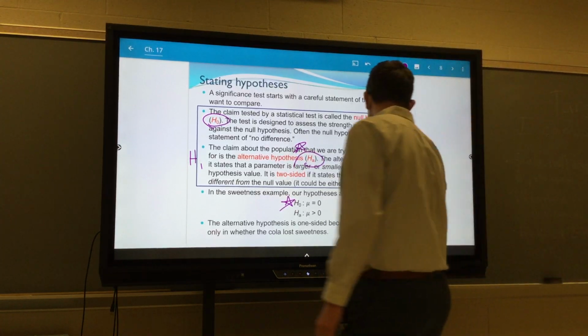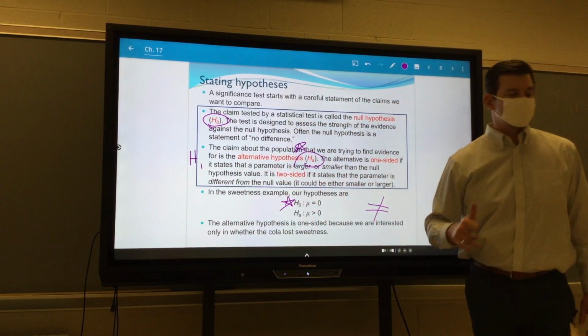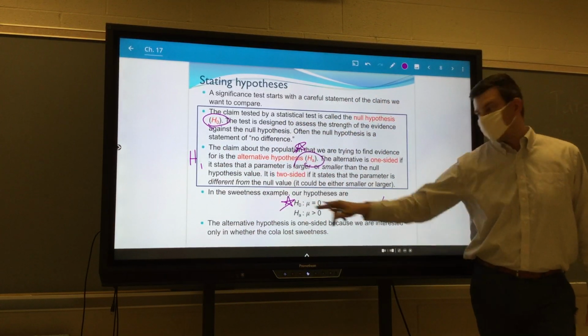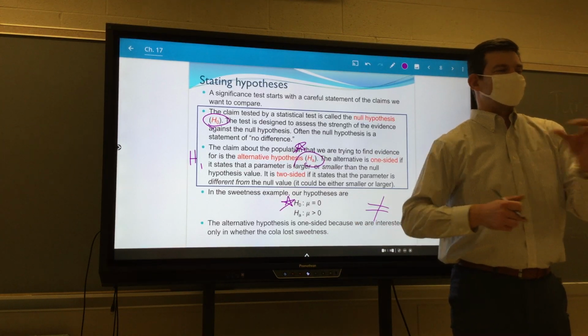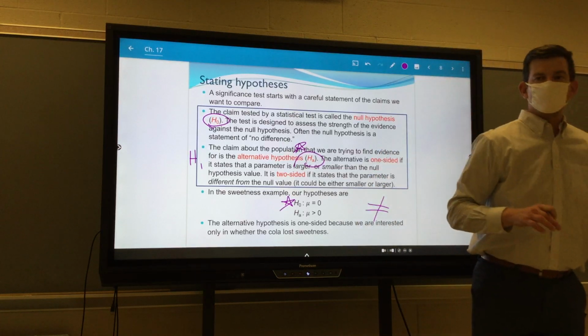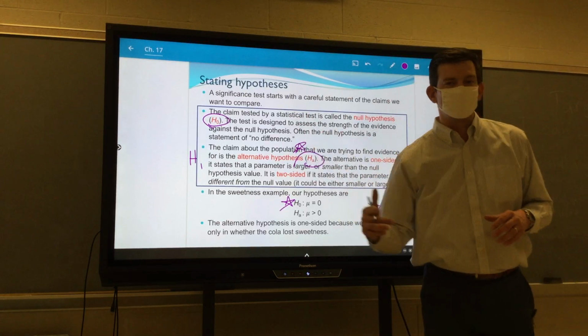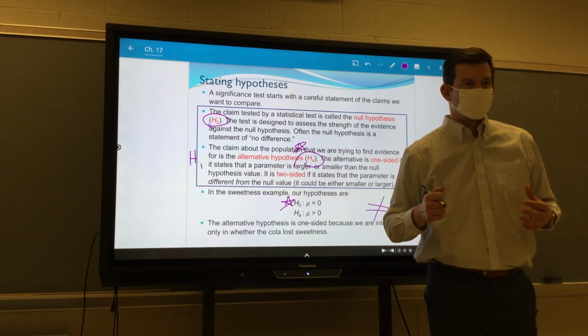A two-sided alternative hypothesis uses a not equal symbol. And in this example, that would have meant that, well, it's kind of erratic. We don't know if it's going to lose sweetness or if it's going to increase in sweetness, but the sweetener changes over time.